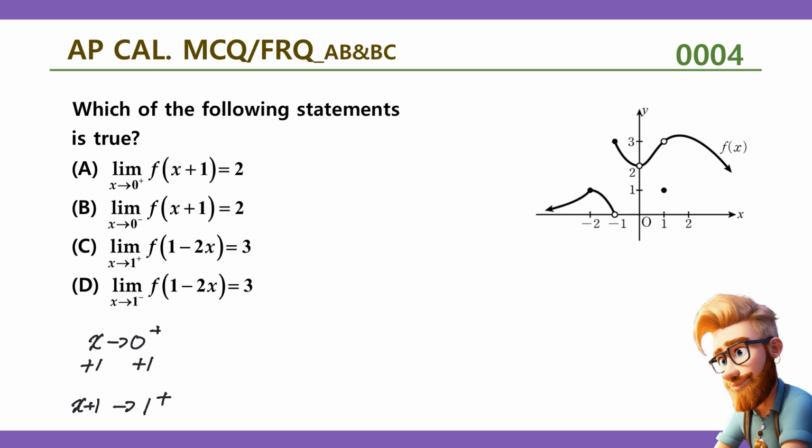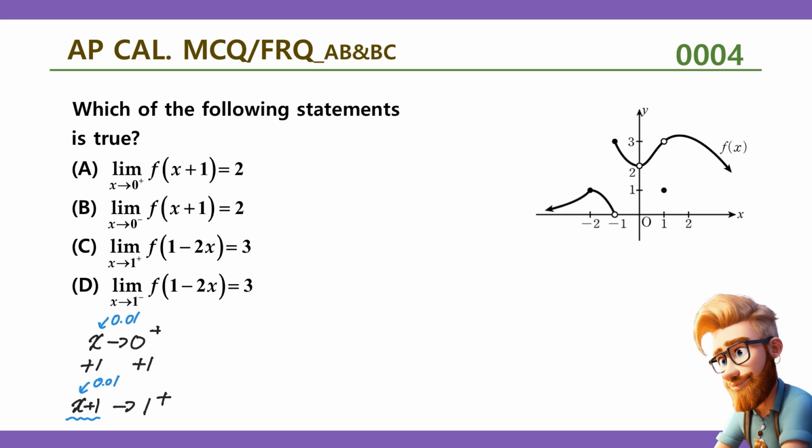Let's say x is 0.01, right? Since x approaches 0 from right-hand side, it could be 0.01, 0.001, right? Those values. If x is 0.01, all of this value is 1.01. If x is 0.001, x plus 1 would be 1.001.